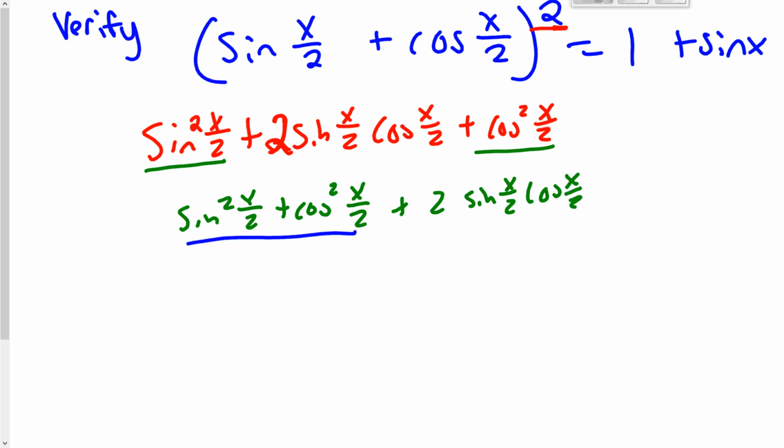Well, this is equal to 1, right? Because I have the same angle. This is just an angle, this is just an angle. And sine squared of any angle, right, plus cosine squared of any angle, even if it's a half angle, will equal 1. So this equals 1.